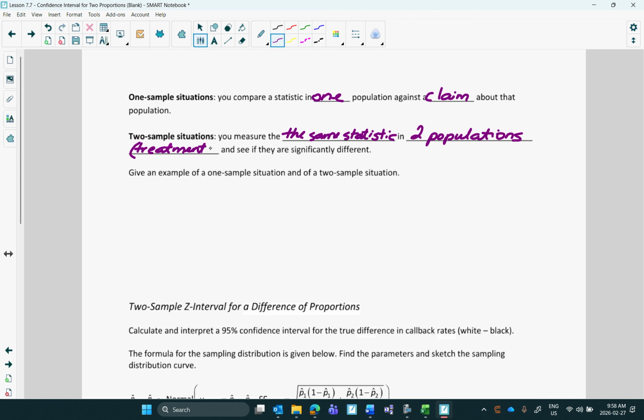Because really, this is like an experiment, and see if they are significantly or statistically different.